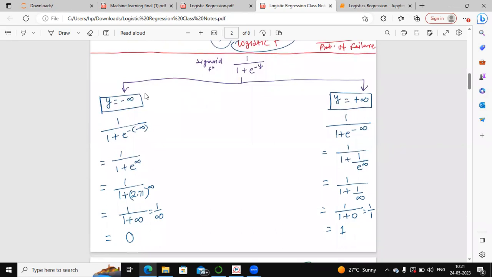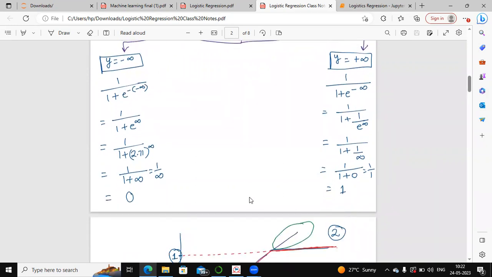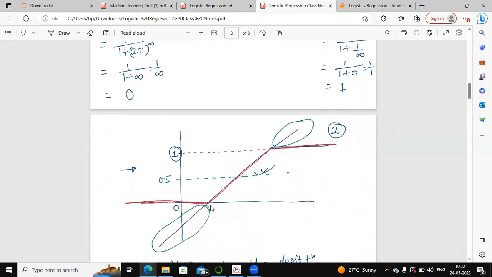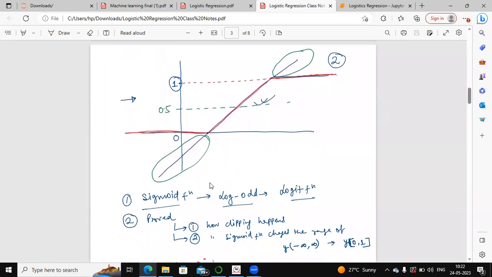When you apply y equal to minus infinity and y equal to plus infinity for this sigmoid function, you will get values that lie between 0 and 1. So whatever value is above 0.5, we will make it 1, and whatever value lies below 0.5, we will make it 0. That is how it works.